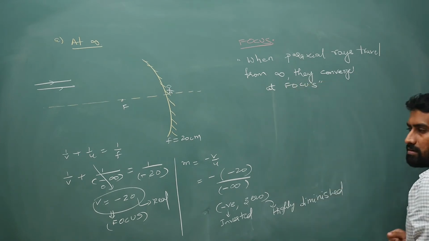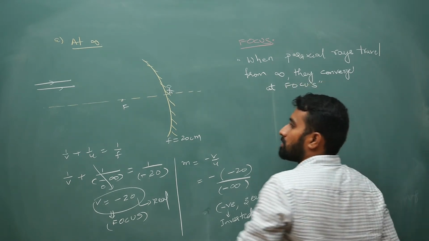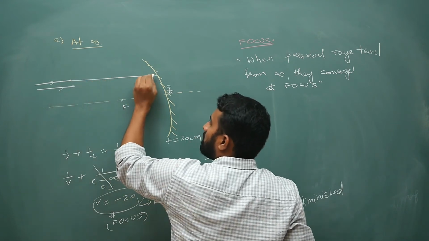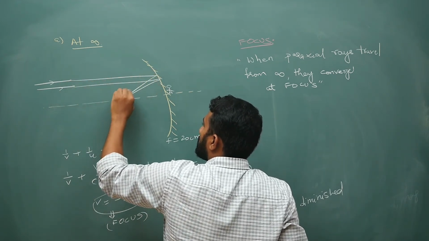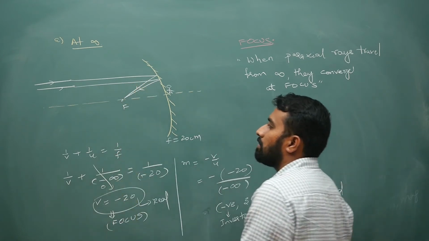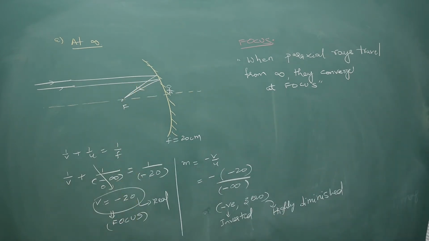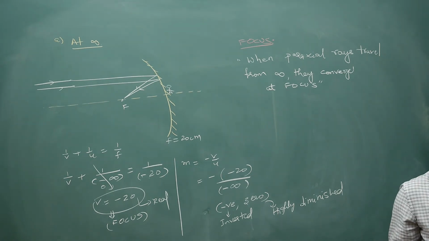So they come from infinity and then meet at the focus like this. That meeting point of these rays is what is called your focus. Right? So this is how you are supposed to do the calculations.